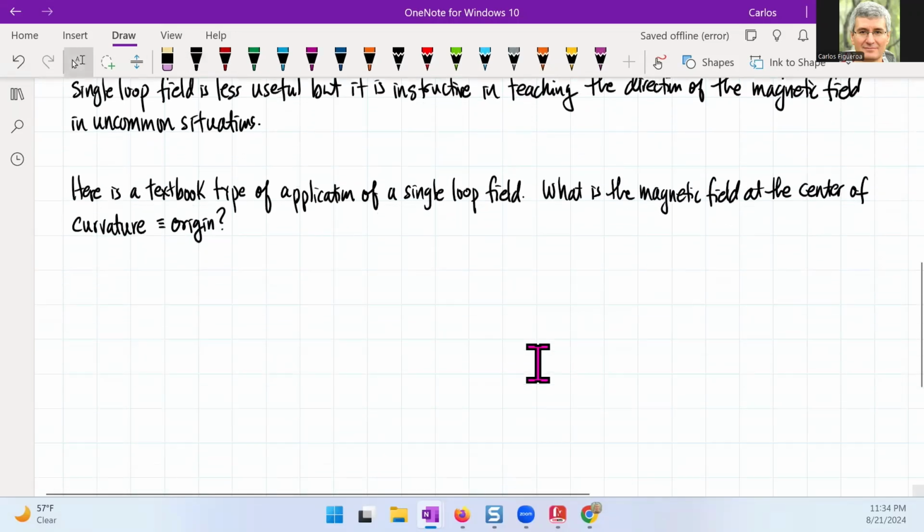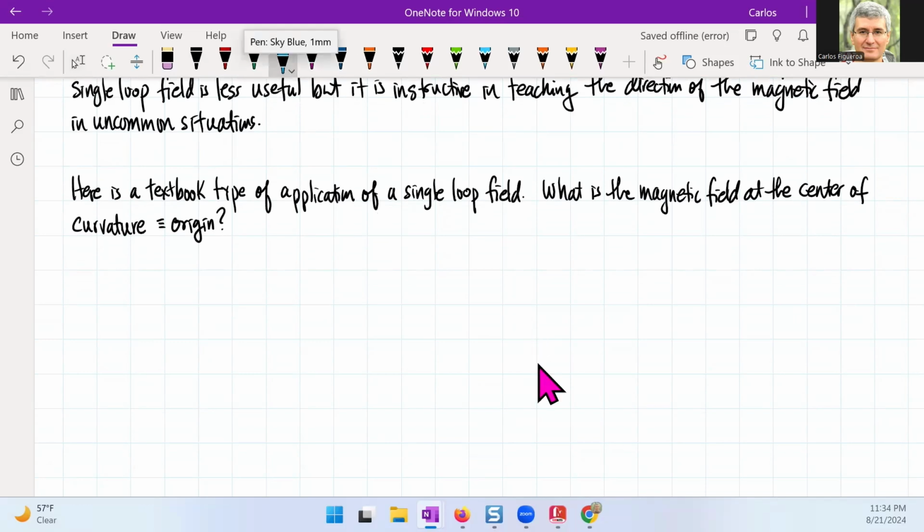So let me try to draw this. There are many situations, and one that I could do here is that I imagine that I have an arc. And I'm going to need some reference, so I'm going to draw my second arc here. These will not be pretty. But you could imagine that I have a single loop configuration that looks something like this.